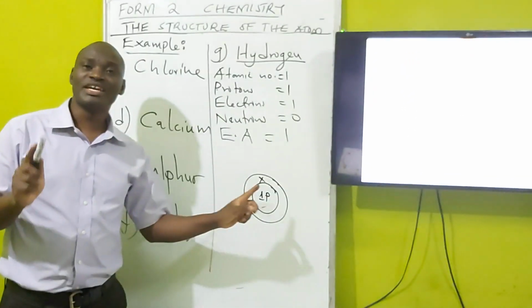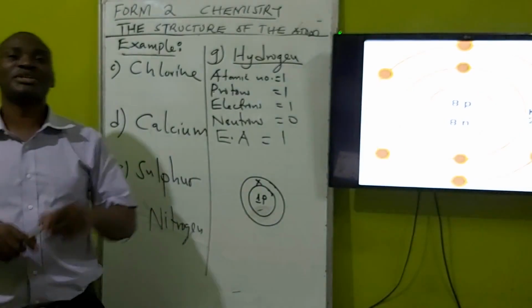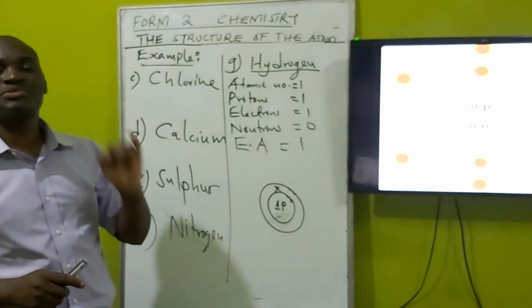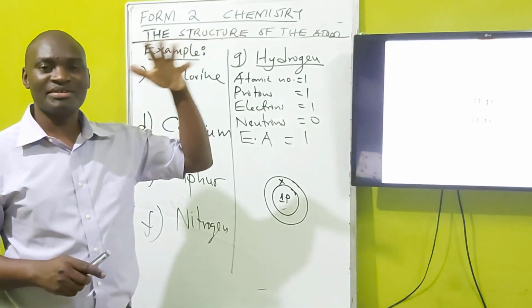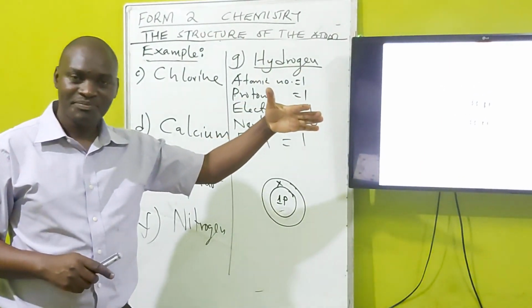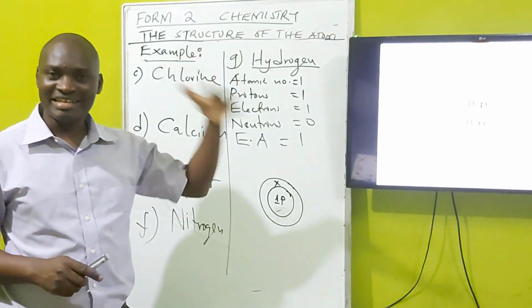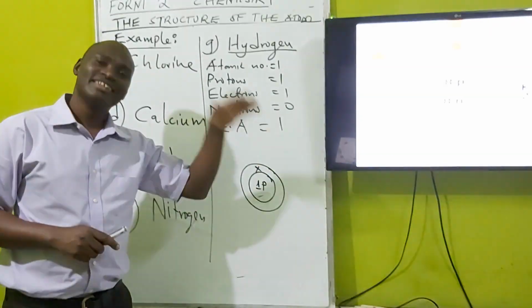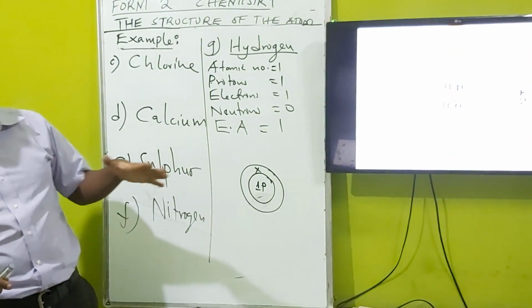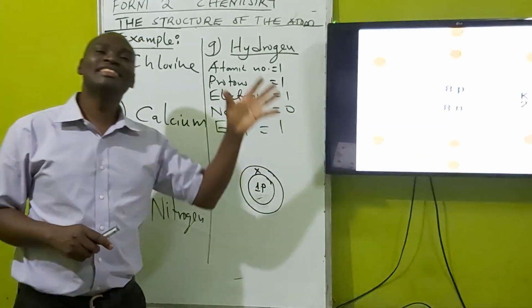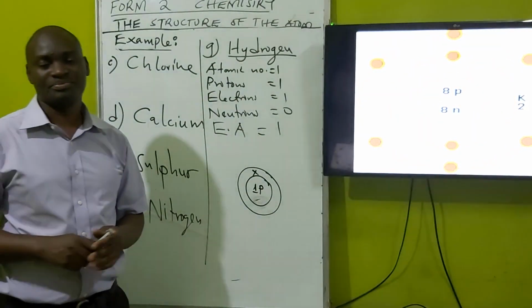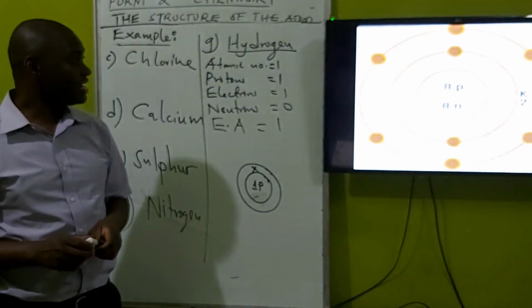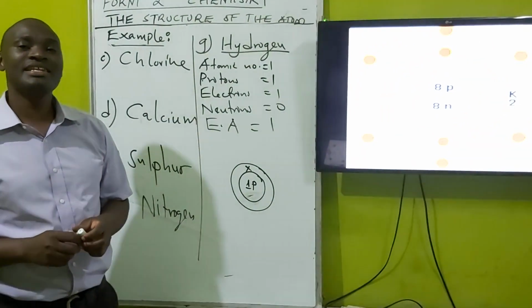You can draw the atomic structure. So it all starts with the first 20 elements. Know them in that order, from hydrogen, helium, lithium, beryllium, boron, carbon, nitrogen, oxygen, as you move down. So that one is very, very important.